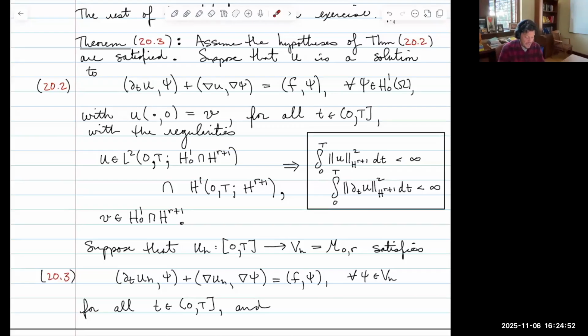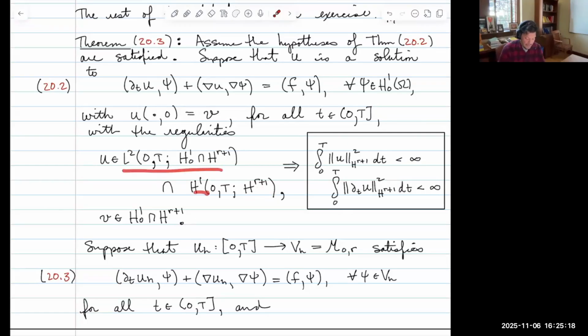This means that at each time I have this much smoothness for my function U. This says that U and its first derivative are both nice functions, okay? And in particular, its first derivative is actually, for each time, going to be an HR+1 function.